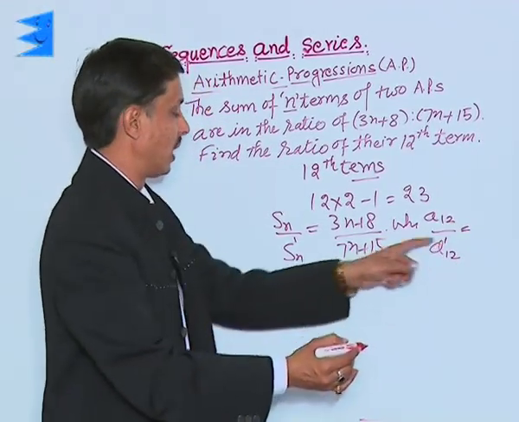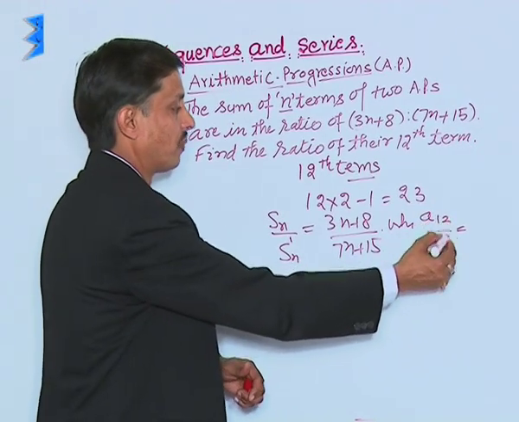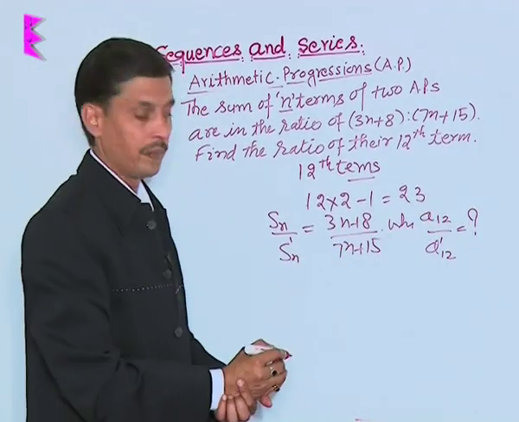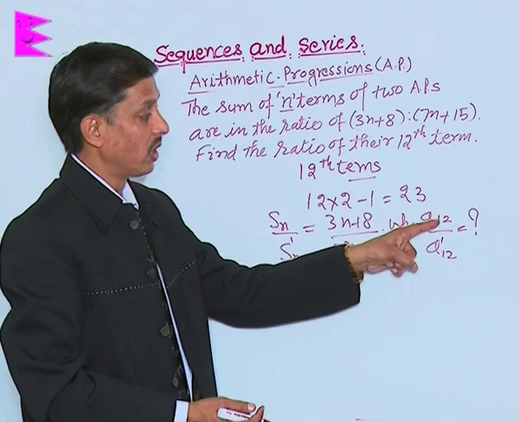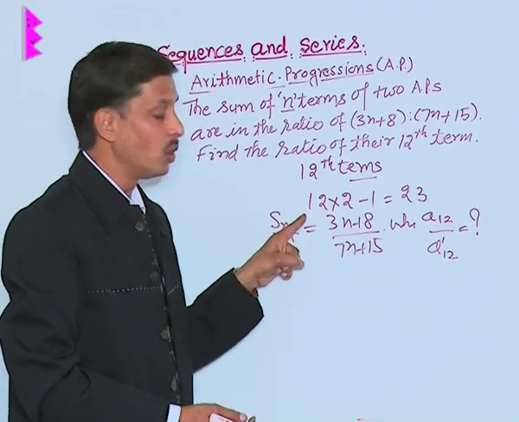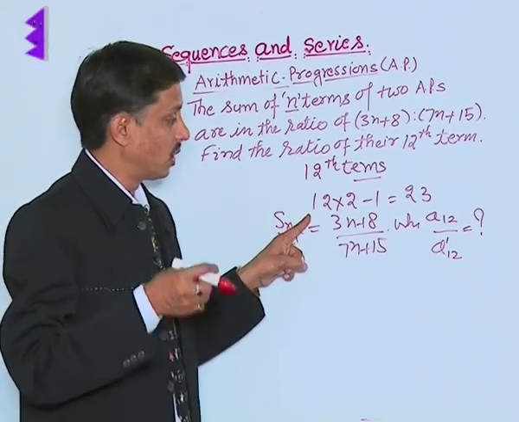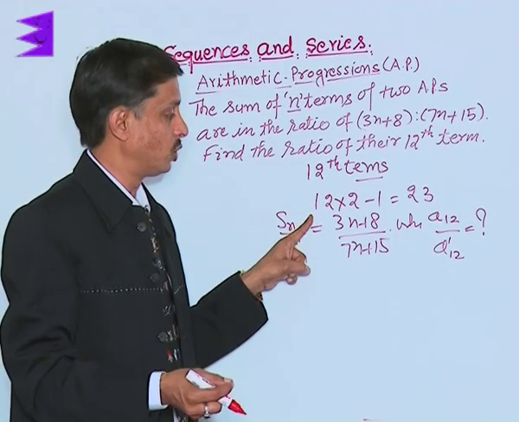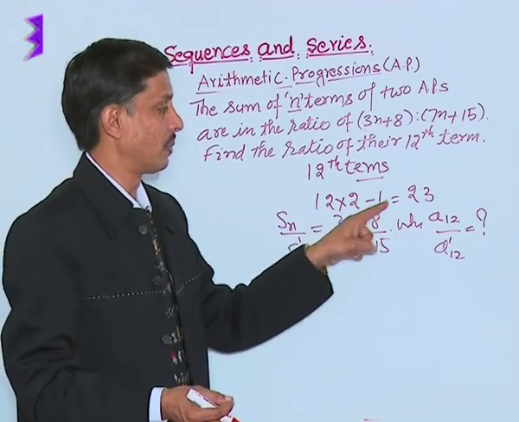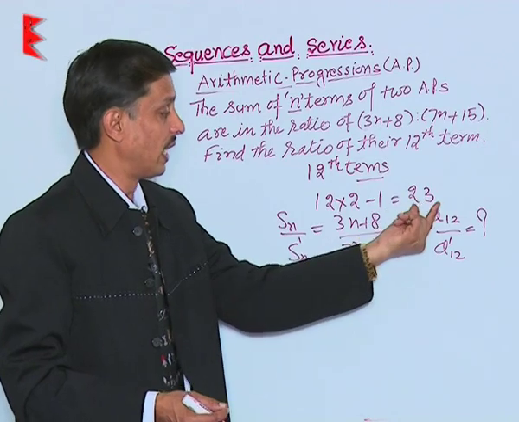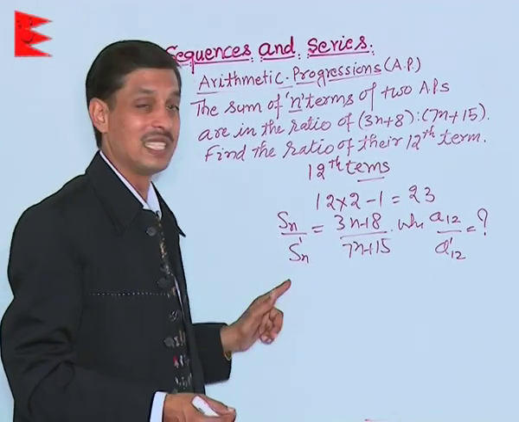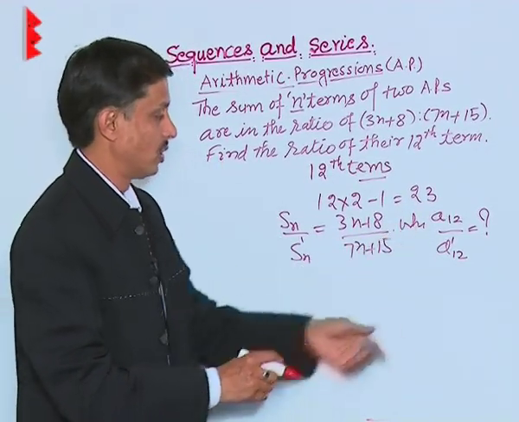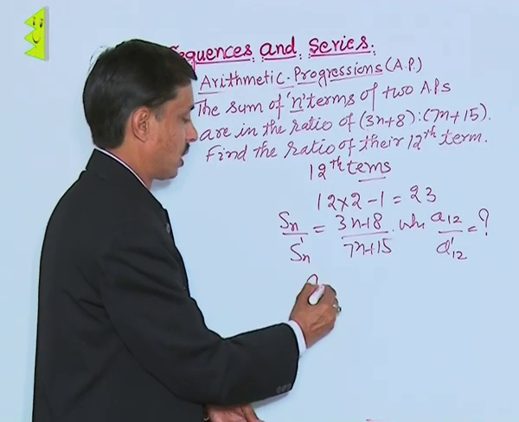I am mentioning by dash to differentiate. This we want to calculate. In order to calculate the ratio of 12th term, I told you which term is required to calculate the ratio. Make its double and subtract 1. Put that in place of n to get ratios of these particular terms.